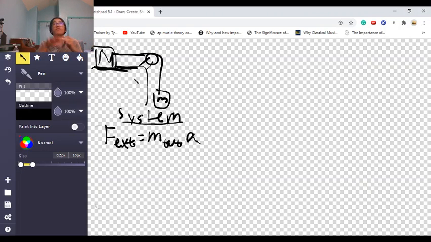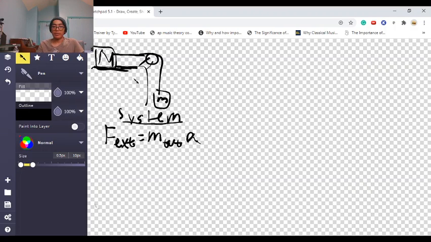If I remove that tension out of the equation, it does not change the idea that both big M and little m are going to accelerate at the exact same rate, the same meters per second squared.